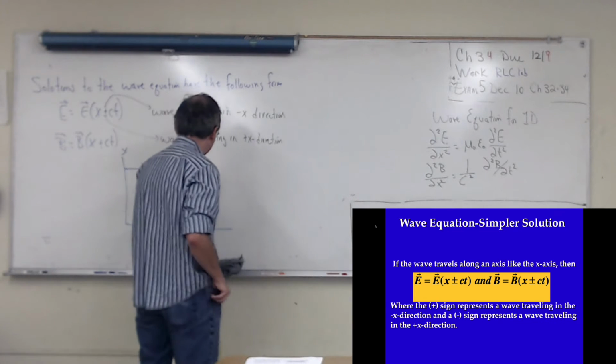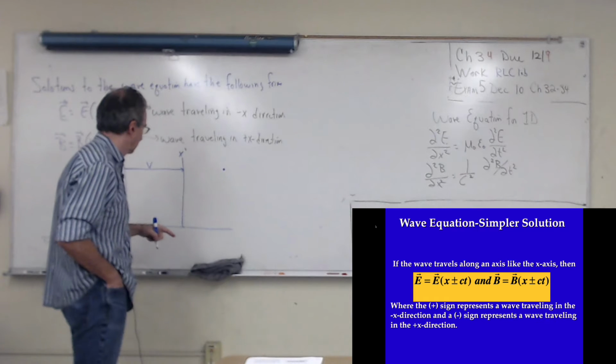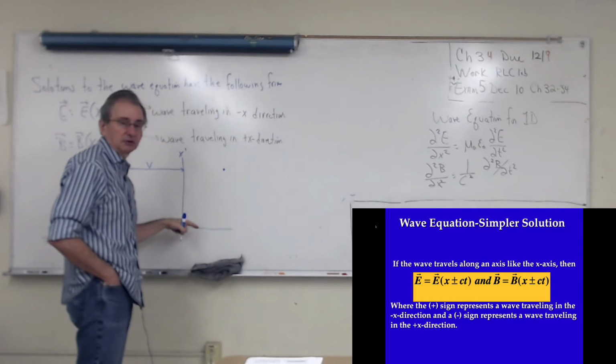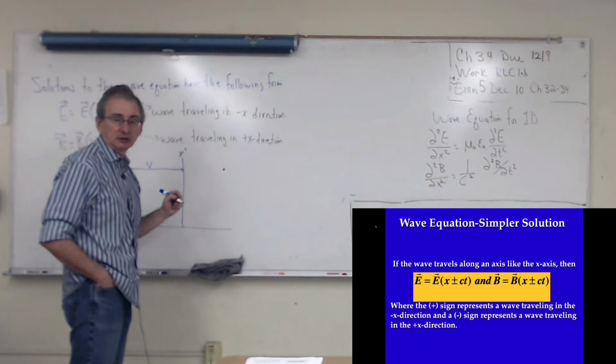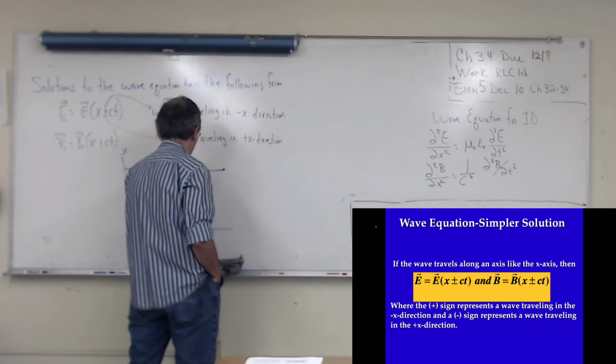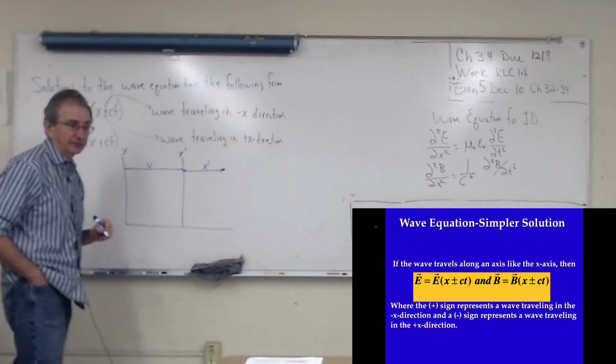Okay, and let's focus on a point in this coordinate system. This coordinate, according to the moving frame, is x prime, right? This distance is x prime. Isn't that true?